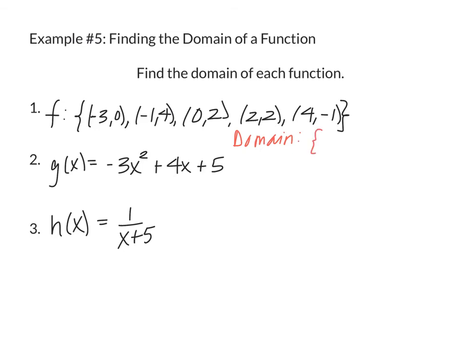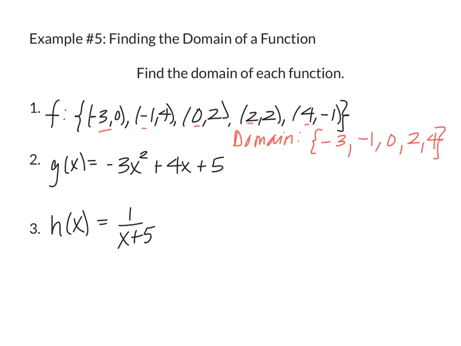Remember, domain is your input or your x. So we just list all the x values that we have. It's nice if it's in order from least to greatest or greatest to least, not all over the place, but in this case, they're already in order for us, so that's great. So I'm just going to list them. We have -3, -1, 0, 2, and 4.